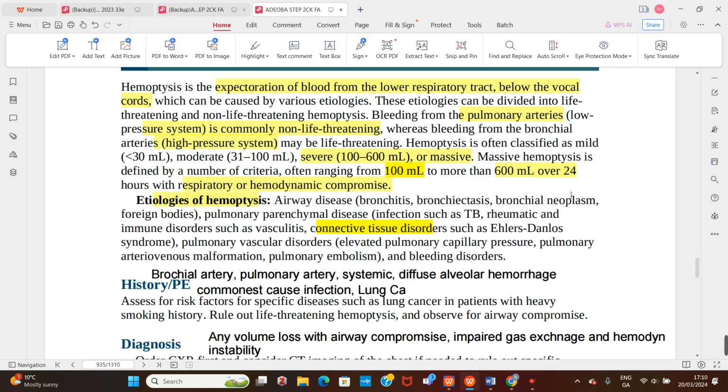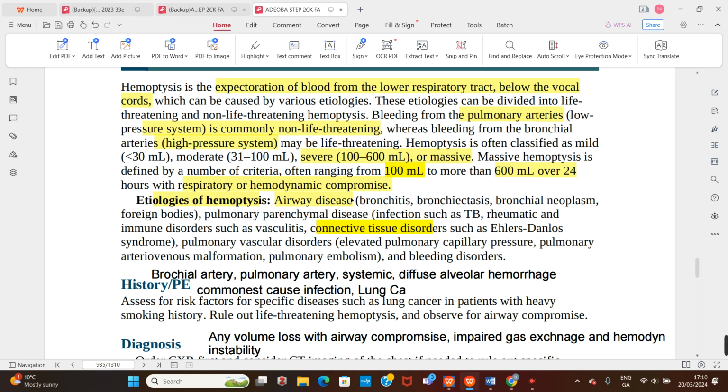So that's an easy way to capture all the causes. Most of the time, the bad ones fall within the category of the airway, because you already said that the high pressure system is the bronchial vessels. So everything bronchial in the airway has a very high tendency of causing very massive bleeding.